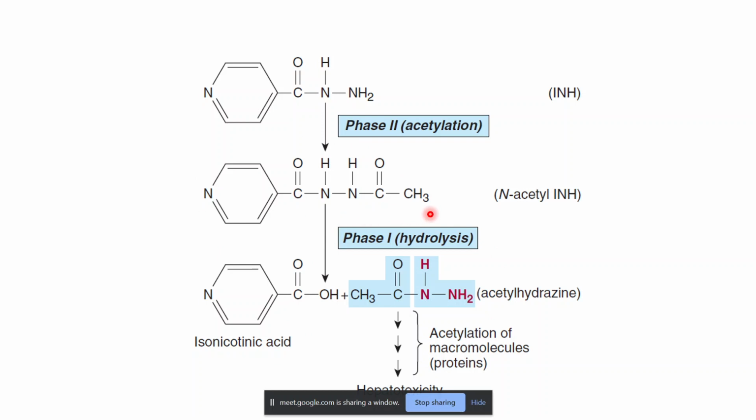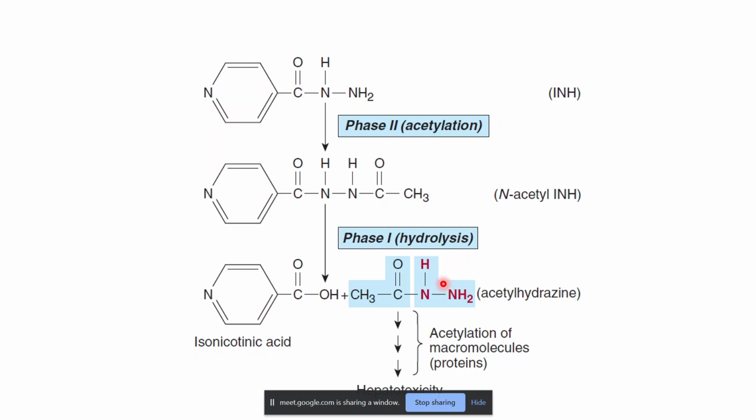The hydrazine moiety will be acetylated, and hydrazine will form the N-acetyl conjugate, and then this conjugate will be reacted with a phase 1 reaction, hydrolysis.